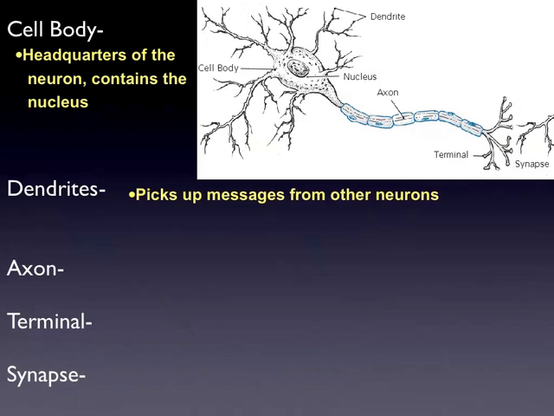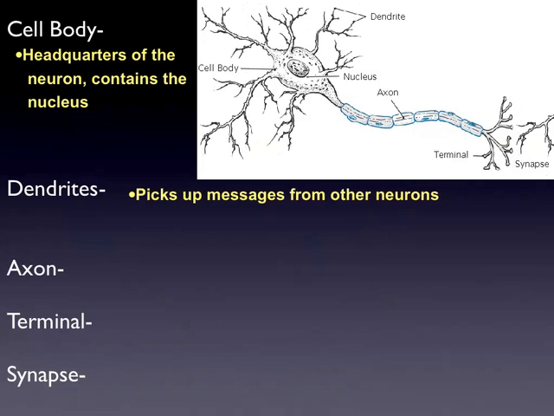And then sort of surrounding that cell body are all of these branches. They kind of look like branches of a tree. Those are called the dendrites. And those dendrites, those branches, you could think of them as all waiting for a message from another nerve cell.